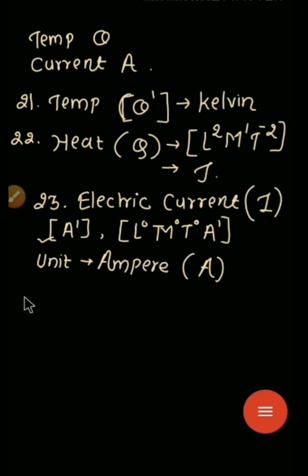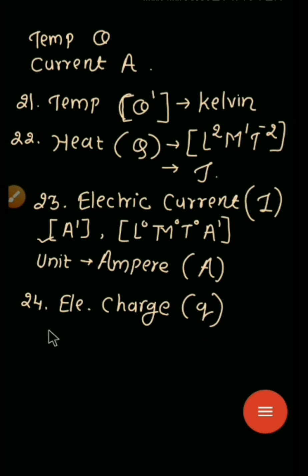Next physical quantity we'll take is electric charge, which is denoted by Q. We know what current is. Current is the rate of flow of charge, meaning Q by T. So from this formula we get Q is equal to I into T, right? So I is nothing but, for current, what is the fundamental quantity?